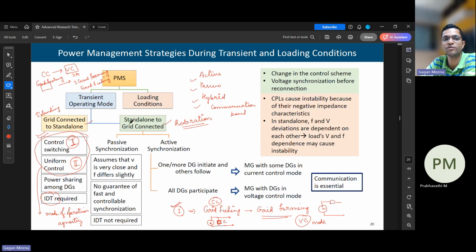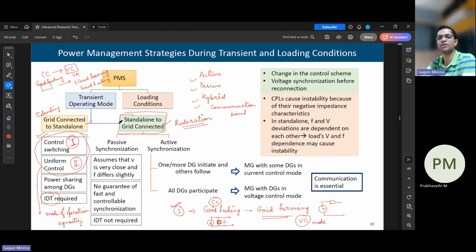And then when we move to standalone to grid connected mode, that is a restoration process. Here the first step is to synchronize with the grid. We cannot directly connect the microgrid to the main grid because the microgrid is operating at a particular voltage level and frequency. And we cannot directly connect a system at a particular voltage level to another system operating at a different voltage level.